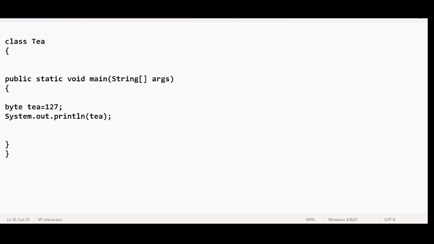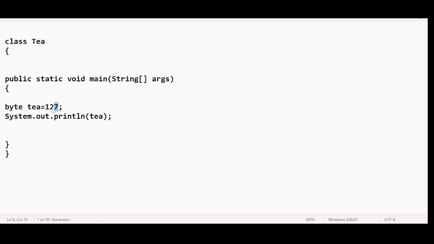Very simple program. I have a value 127 and I want to store that value. So in this case, I am using the byte data type. This is my own user defined variable, can be anything, assuming it as T.